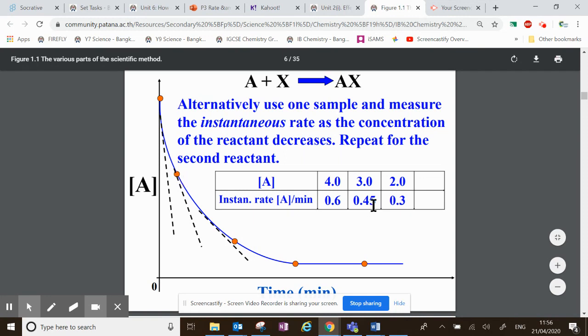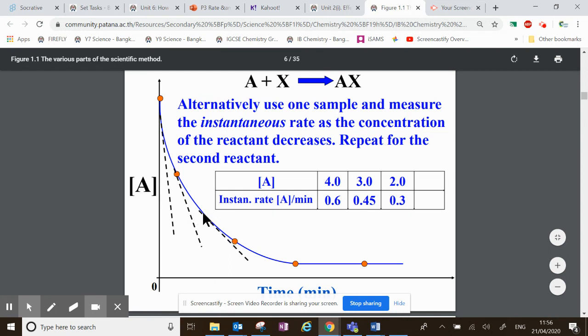And the rate of reaction, this number, is the gradient of this line, which again you can get by drawing a triangle, dividing change in concentration by the time it took. And then one further tangent has been drawn down here, close to the end.